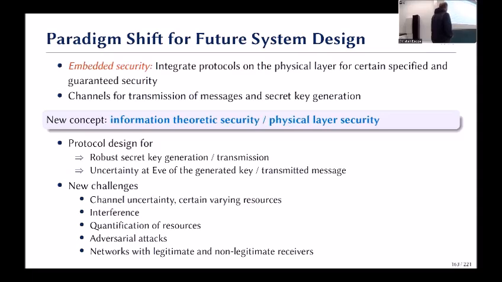We want to design protocols for secret key generation or transmission, and what we use is the uncertainty at Eve of the generated key or of the transmitted message, and new challenges: channel uncertainty, varying resources, perhaps interference, quantification of resources, also adversarial effect. I remind you of the arbitrary varying channel and the jammer. Networks with legitimate and non-legitimate receivers.